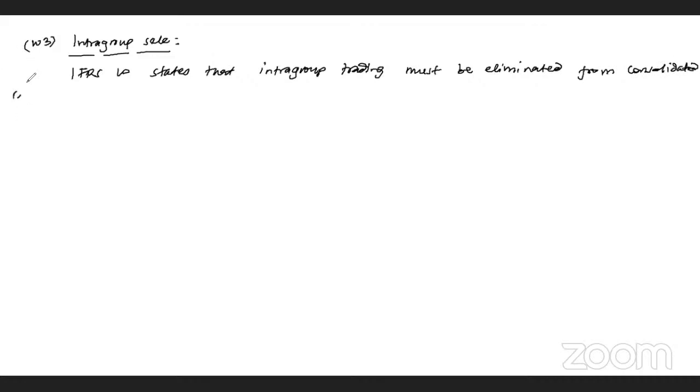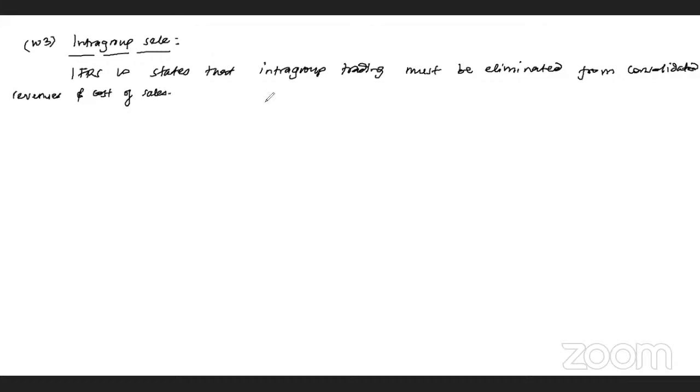These figures have to be eliminated from our group financial statements, from consolidated revenues and cost of sales.